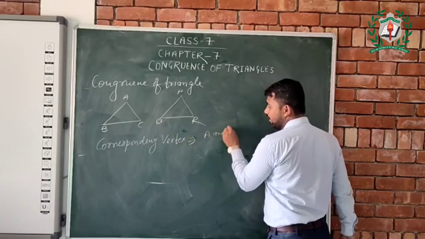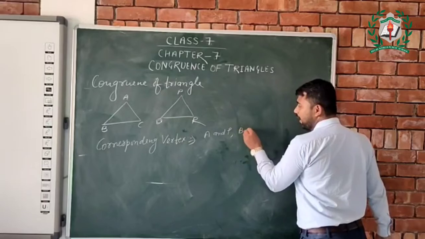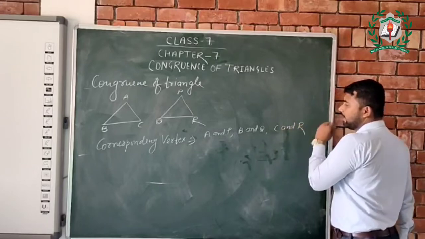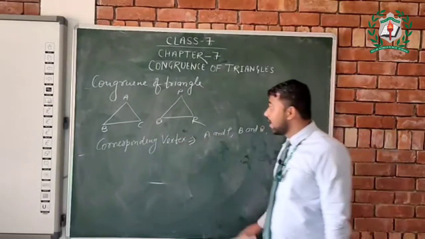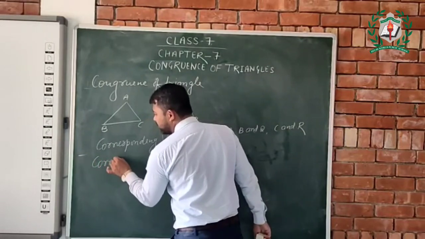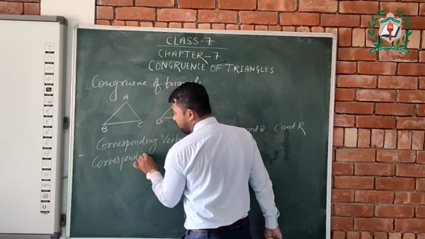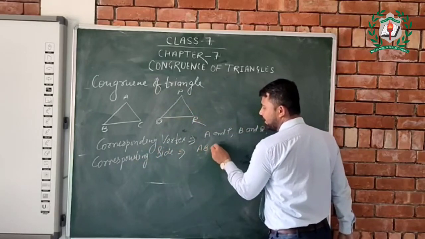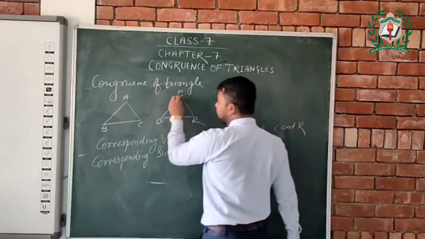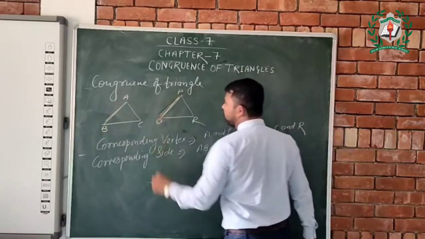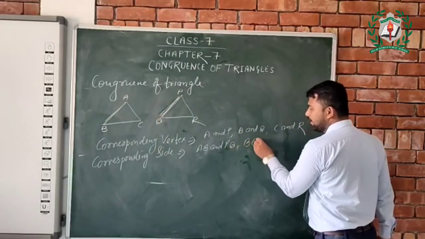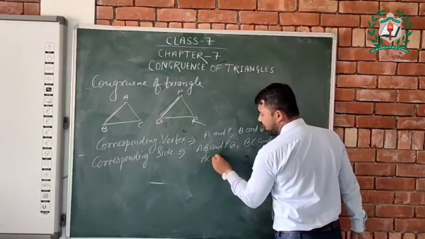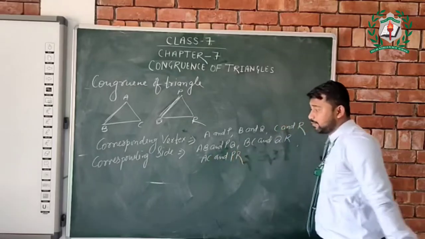A and P, B and Q, C and R. These are the corresponding vertices. The corresponding sides will be AB and PQ, because this looks the same. AB and PQ, next BC and QR, next AC and PR. So these are the corresponding sides.